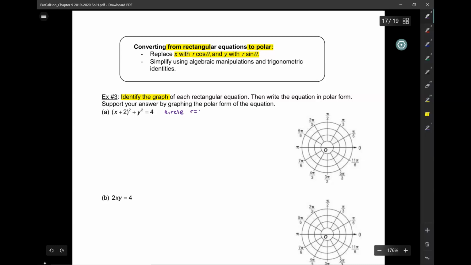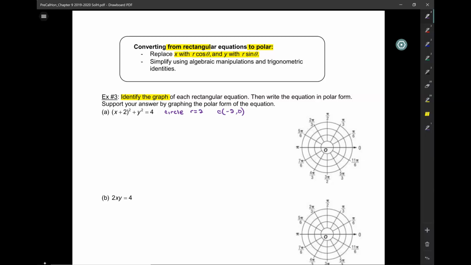The radius of this circle is 2 because it's the square root of that number. And guess what else I can predict based on what I've learned from geometry and algebra 2 and all that stuff? I know that the circle has been shifted to the left 2 units, but there is no shift in the y because y is alone. So I know that the center is -2, 0. If some of that is foreign to you, that's okay.